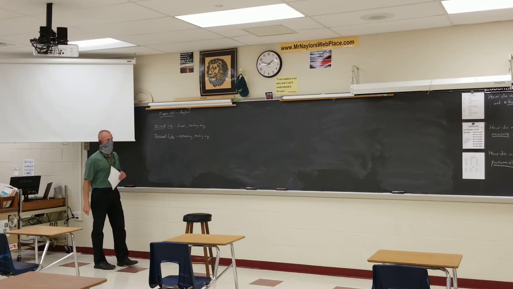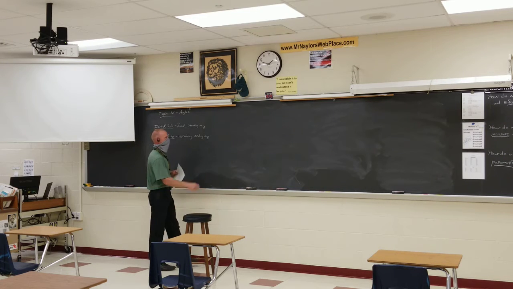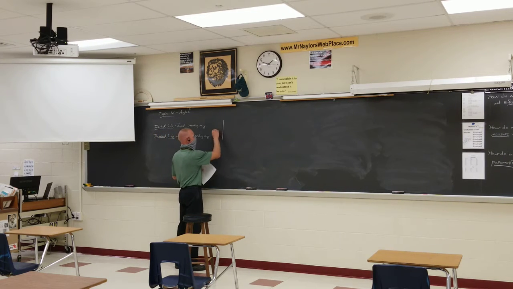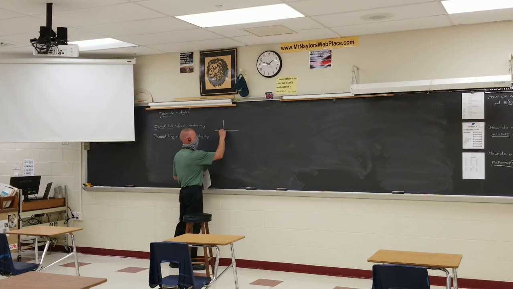Let's draw it, okay? I think you'll find out that what I'm about to draw for you here is not a big surprise, but if we have an angle that may be on the X and Y axis, now this might be a little bit of a new idea, drawing an angle on the X and Y axis, but let's say we have an angle like that.